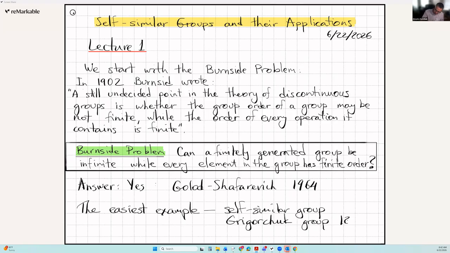This group was constructed, not in 18, but in 1980 by Rostislav Grigorchuk. That basically sparked the whole theory of self-similar groups, and it has been studied very extensively since then. Let me start introducing this class.